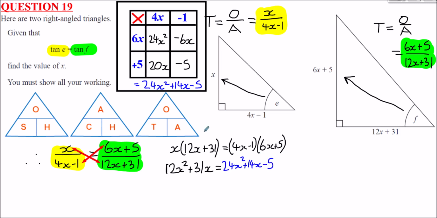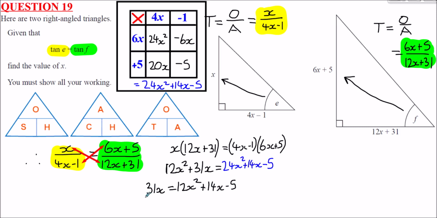I can then get everything onto the same side of the equation. If I subtract 12x squared from both sides, 24x squared take away 12x squared gives 12x squared plus 14x minus 5.